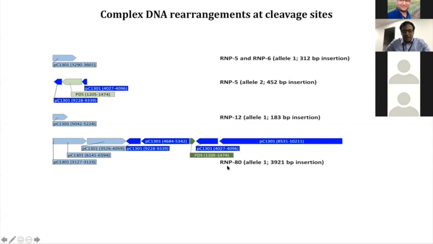Then, for example, RNP80, another event, has around 7 fragments of DNA coming from both the vector and the genomic DNA, fused as a single unit and integrated inside the genome. Each fragment is a different portion of the vector molecule. Then you have the green, which is the site from the genome, the PDS that we were trying to edit.